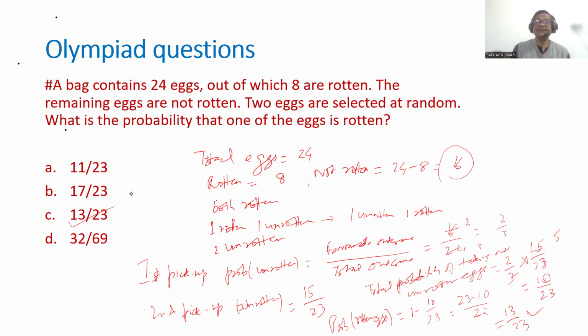What is the probability of getting unrotten? By deducting the probability of unrotten eggs from 1, isn't it? So this is the way, the trick. I think you must have understood. समझ में आई होगी बात, है ना? डायरेक्टली आप रॉटन एग का नहीं निकाल करके पहले अनरॉटन का निकाला और उसके बाद उसको 1 में माइनस कर दिया, isn't it?